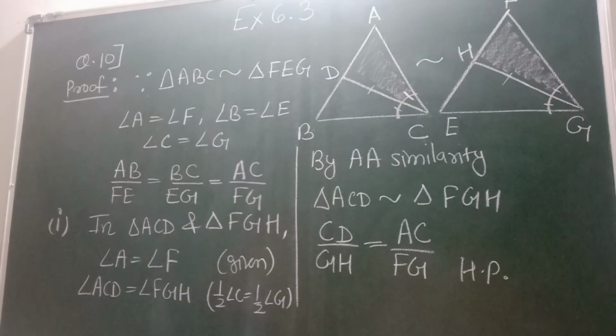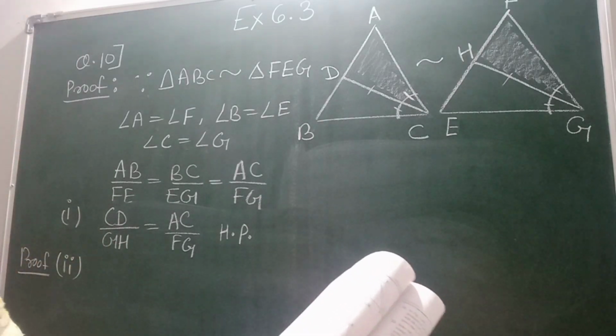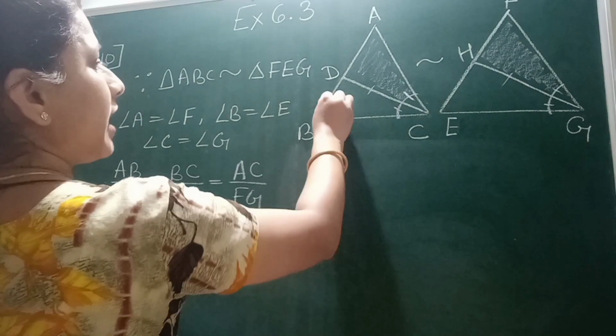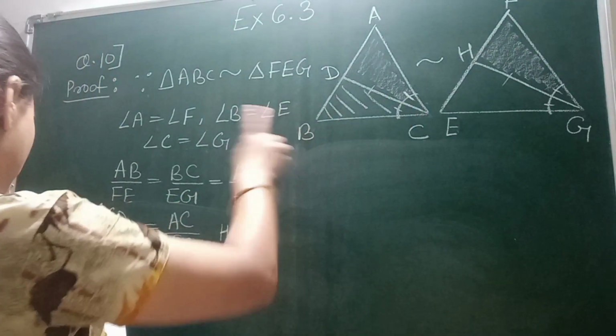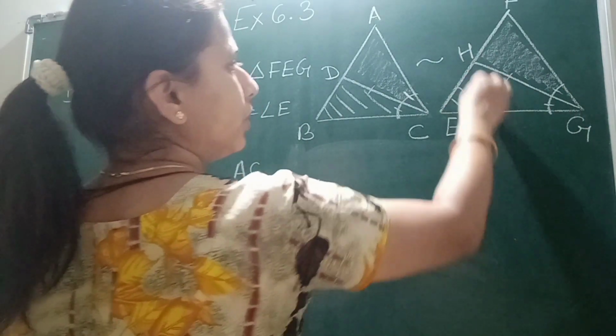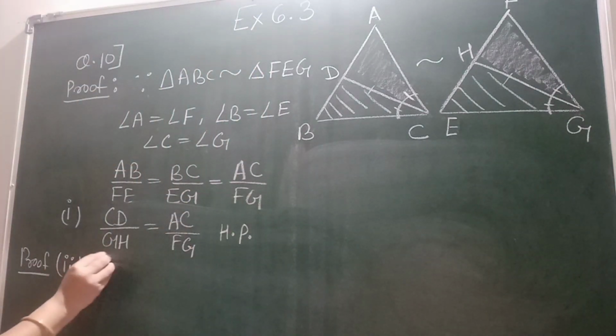Now we will prove the second part, in which we have to prove that triangle DCB is similar to triangle HGE. We will start our proof.